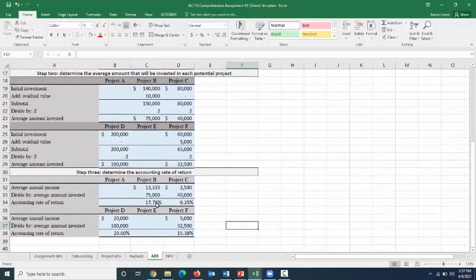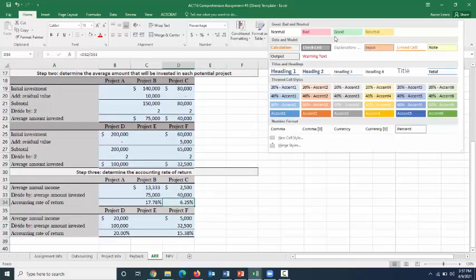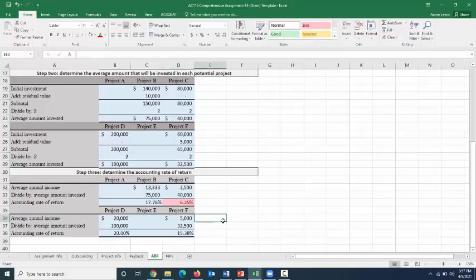Project B has an ARR above 12%, as does project D and project F, but poor project C over here with its 6.25% accounting rate of return is no longer acceptable to us, and we get to disqualify project C from consideration. So we're whittled down to 3 projects, and we're going to determine what project or combination of those projects that we can afford is the best using the net present value method.